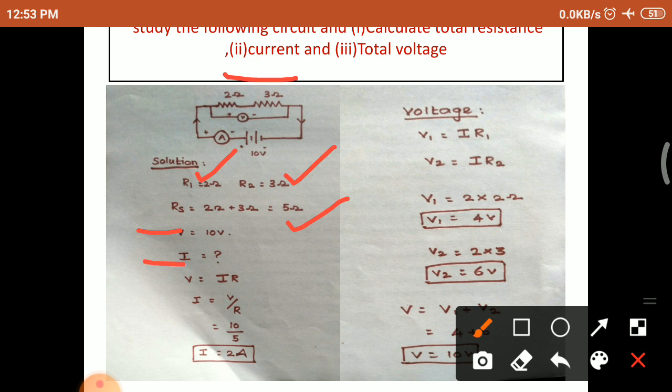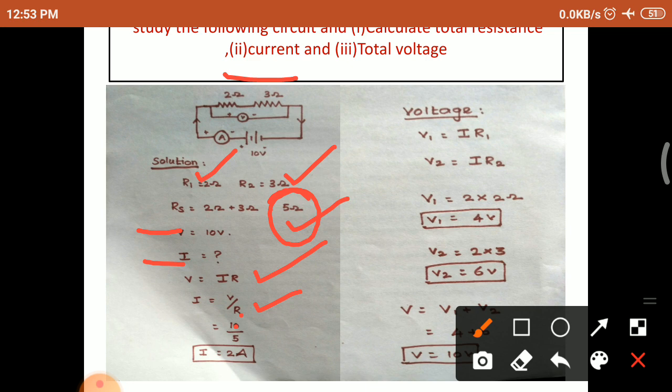From Ohm's law we can write V equal to IR and I equal to V by R. The value of V is 10 and for R, you have to take the total resistance. Don't take the individual resistance. In series combination, when we calculate the current, you have to take the total resistance.